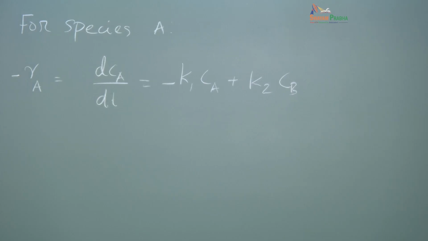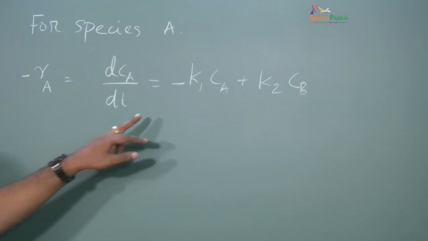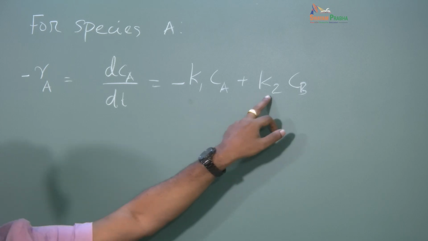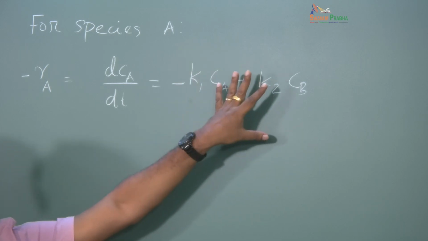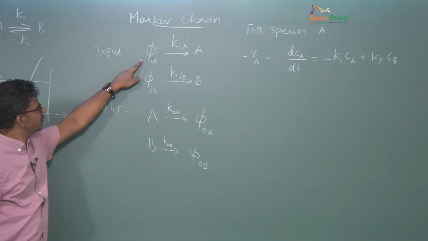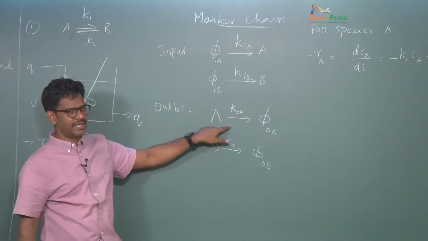So dCA by dt equals minus K1 CA, this is a forward reaction, and this is a backward reaction. This takes care of the chemical kinetics. Now we have two additional things: A is also getting created and A is also getting depleted.